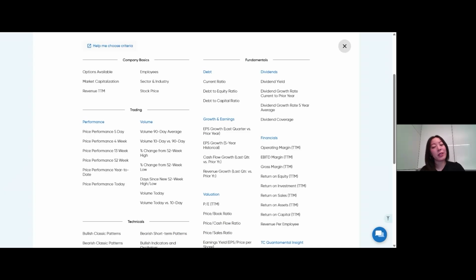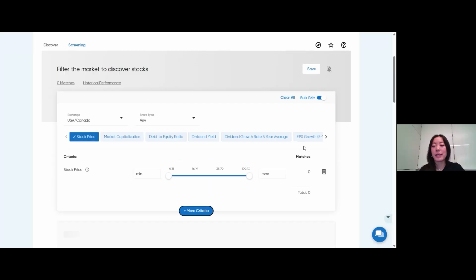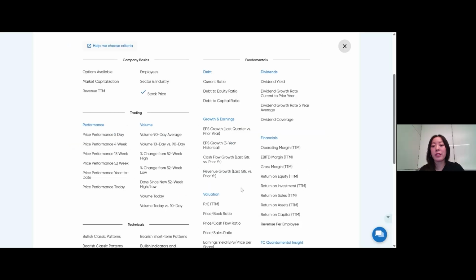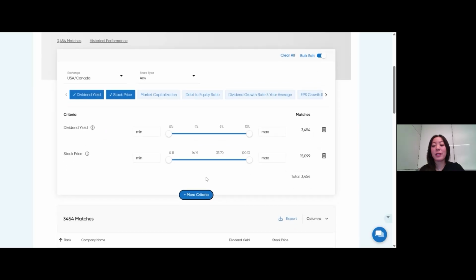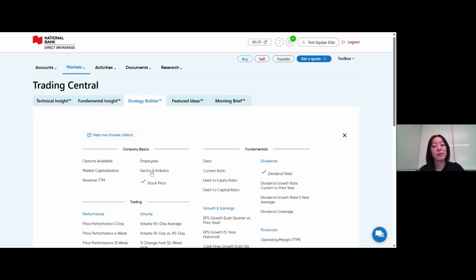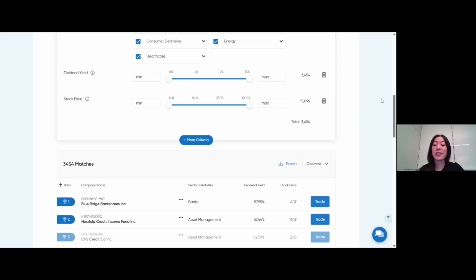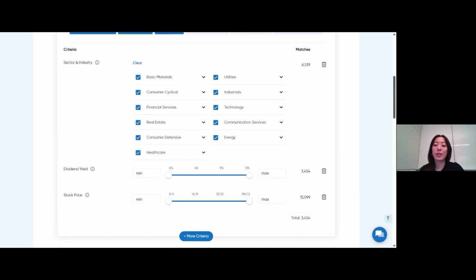So it includes fundamental metrics, technical indicators, price and trading characteristics, and also some quantitative filters as well. So the world is your oyster here, and you can essentially just select exactly which filters you would want to add in order to find a stock that fits your criteria.